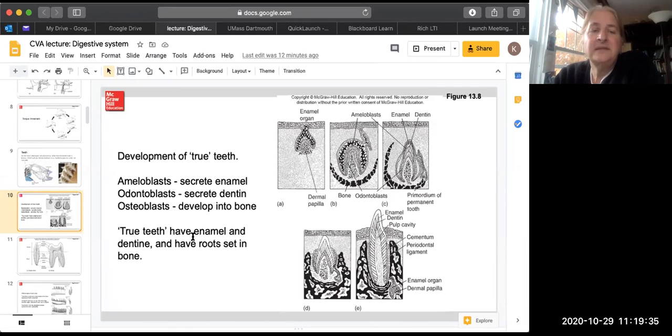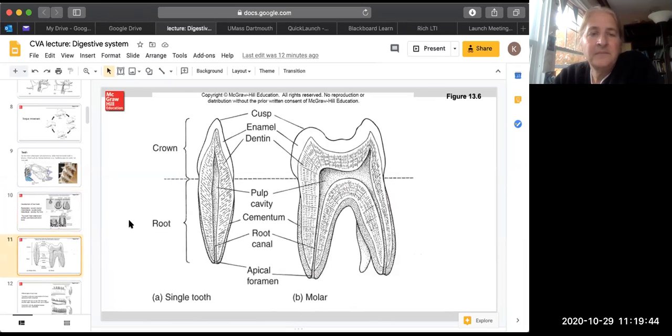So true teeth have enamel and dentine, and they have the roots that are set in bone. So they're attached in bone very strongly. Here's a tooth. It has a couple cusps on it here, right? So these tips are called the cusps.